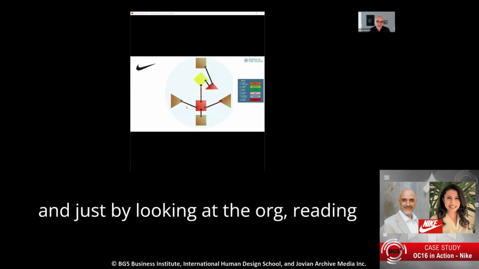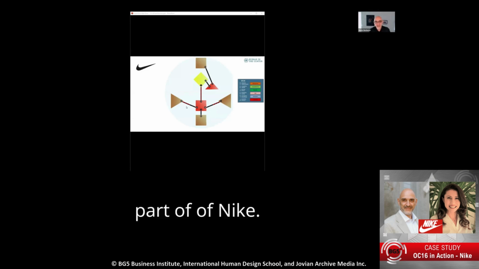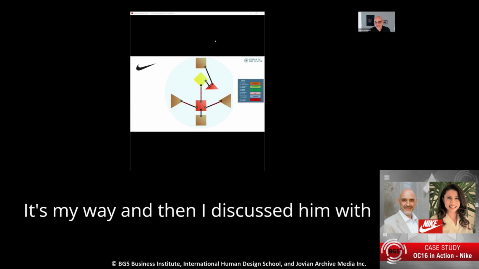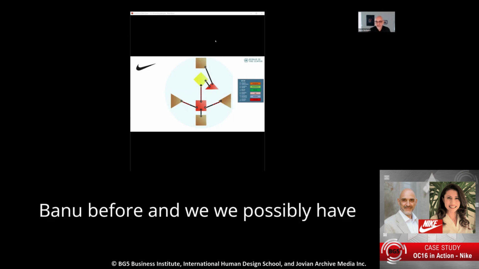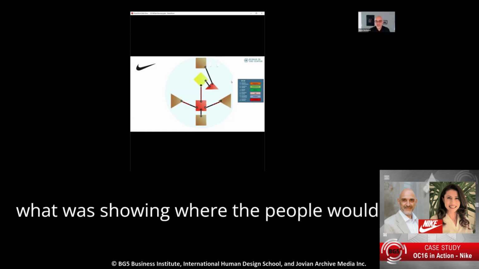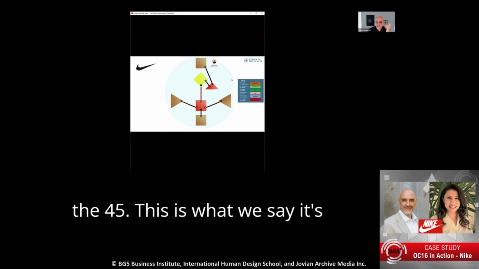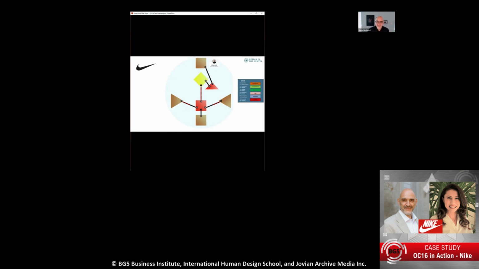And just by looking at the org chart and reading the information on the investor relations part of Nike, it's my way, and I discussed it even with Banu before and we possibly have different opinions, but this is my way of showing where the people would land. So definitely the CEO is the 45. This is what we say, it's the figurehead.